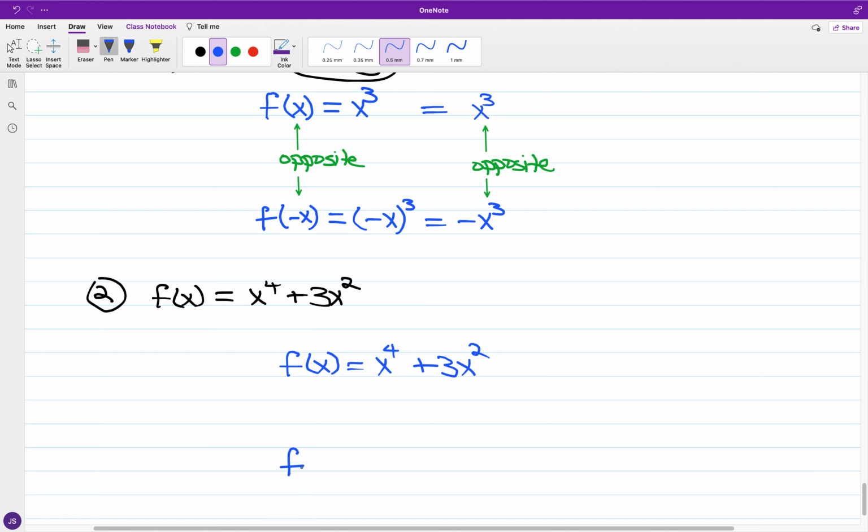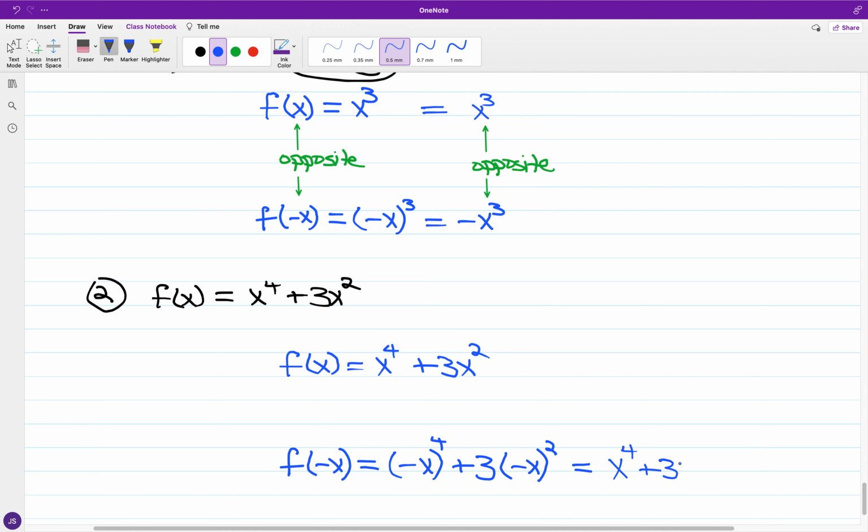and look at f of negative x. So you've got the 4th power of the input. Now if x is negative, an even power of a negative is going to turn out to be positive. So the 4th power of negative x comes out to positive x to the 4th. And the square of negative x is x squared, multiplied by positive 3.